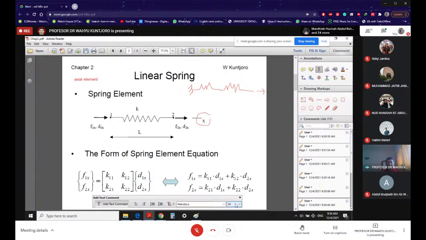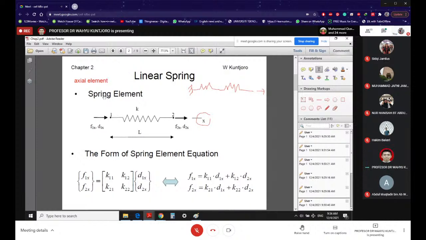So yeah, axial element. Our spring and our bar are axial element types because the loading is in the same direction as the structure; the spring and bar are also axial structures.